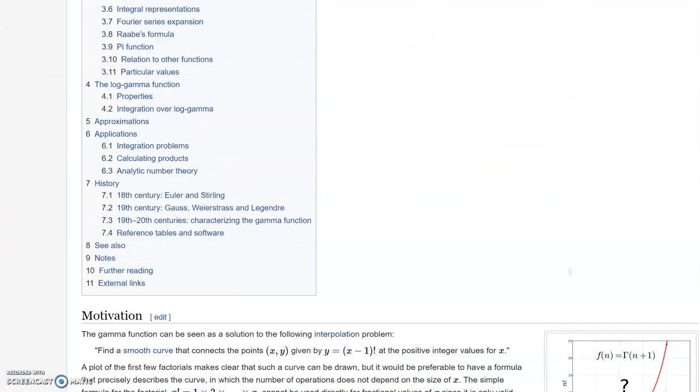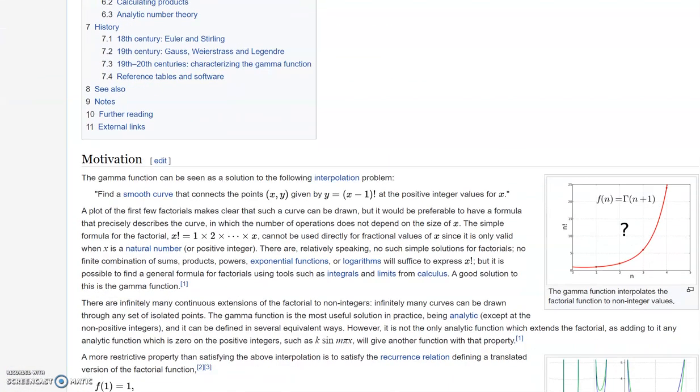Maybe I've got a nicer one. If you look at that graph on the right, for integer values n equal 1, 2, 3, etc., the value of the gamma function is n minus 1 factorial, and in between you just have a very smooth curve joining the dots. So that's the gamma function, and you're going to study this one.